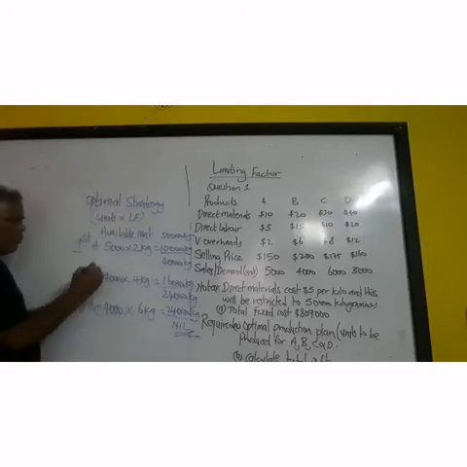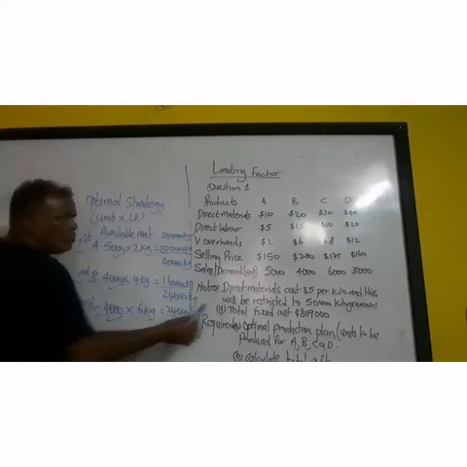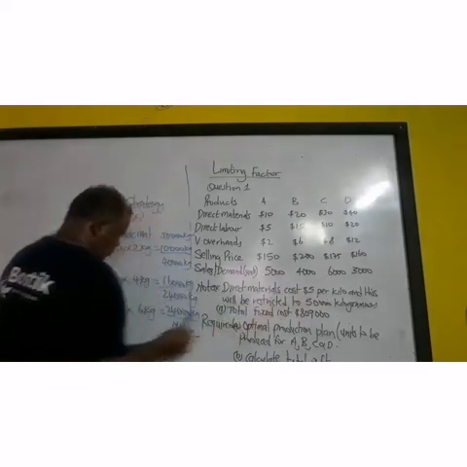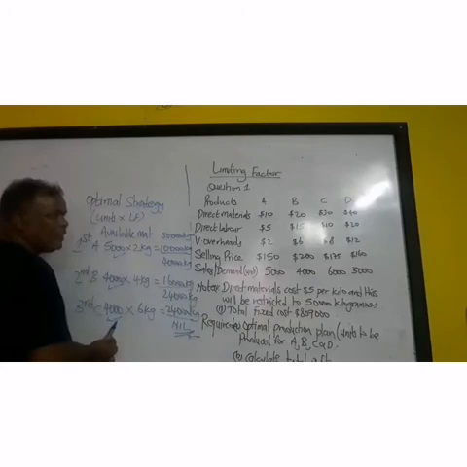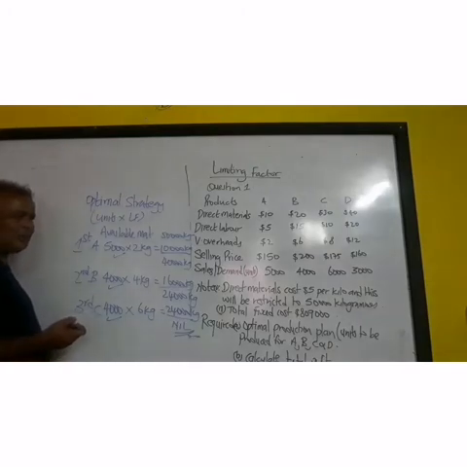Therefore, we can produce 5,000 units of A, 4,000 units of B, and 4,000 units of C. Instead of producing 6,000 units of C, we can produce only 4,000 units. And for product D, we cannot produce at all because we don't have enough material.